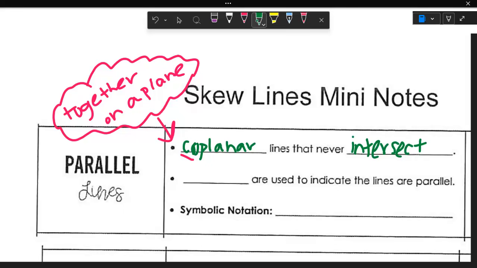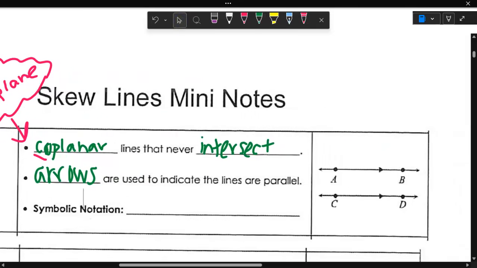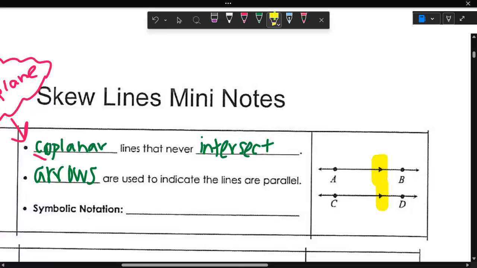And with parallel lines, we use arrows to indicate that the lines are parallel. An example of these arrows is over here to the right. Notice how we have these two little matching arrows on these two parallel lines. Those tiny arrows tell us that these two lines are parallel.